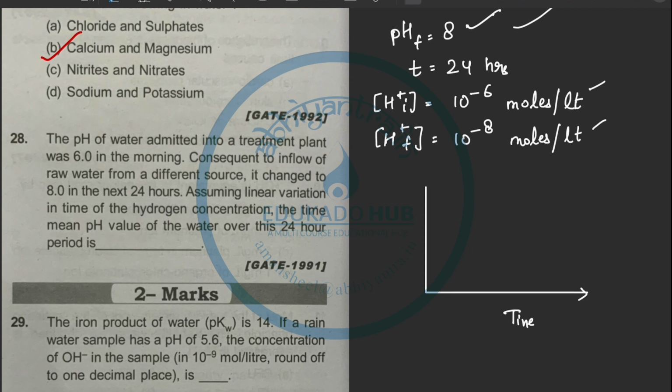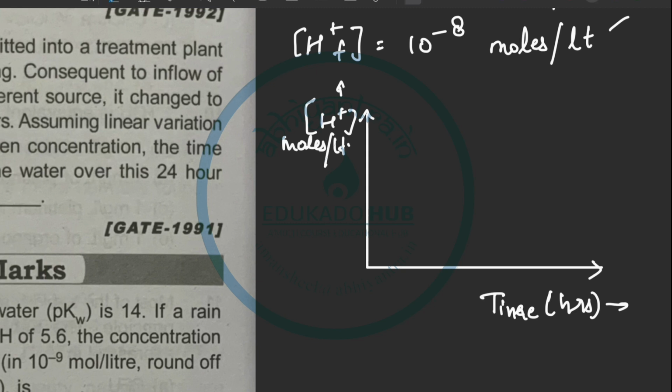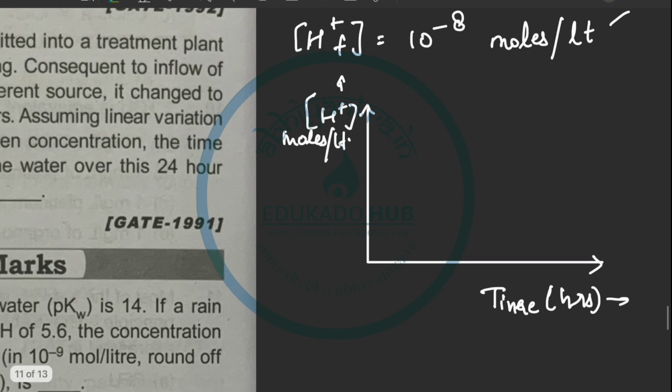Time in hours, because they are saying linear variation, and the concentration of hydrogen ion, H plus ion concentration in moles per liter, it is decreasing from 10 to the power minus 6 to 10 to the power minus 8, approximately this much in 24 hours. So in 24 hours, okay, this is 0.